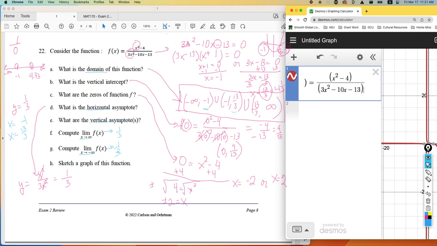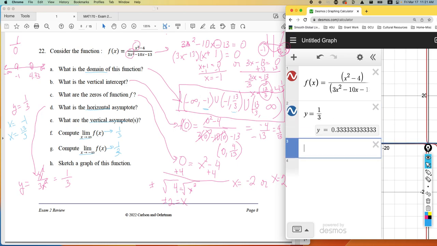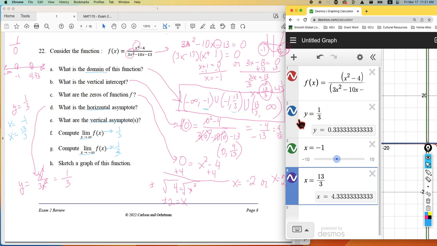Okay. I'm going to put in the horizontal asymptote, y equals 1/3. And we'll put in the two verticals as x equals -1 and x equals 13/3. We'll leave them as blue, I guess, but we will make them dashed lines, hopefully.